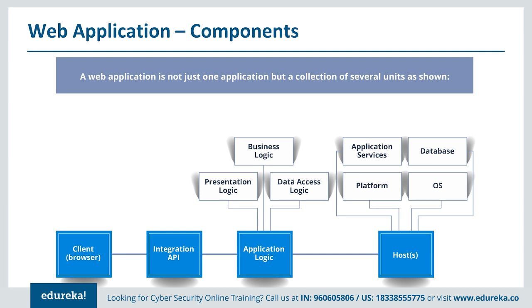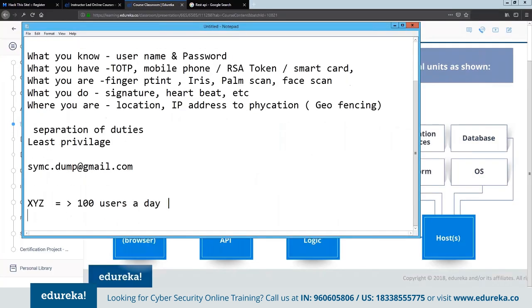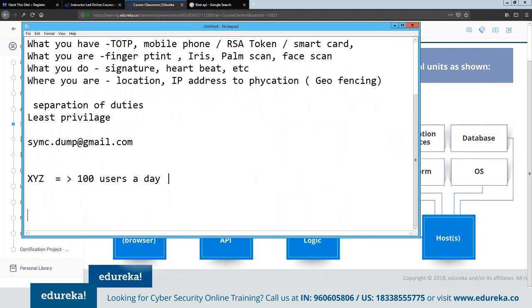The presentation logic is how the web browser performs, or how the web server needs to present processed information. Before getting into it, I'd like to take you through the basic fundamentals of web applications and HTTP. What is HTTP? It's the Hypertext Transfer Protocol, which is also HTTPS, where the S stands for secure.